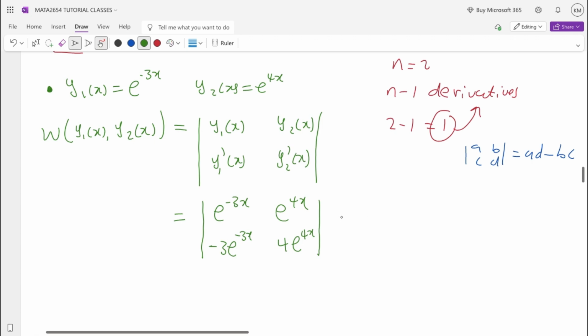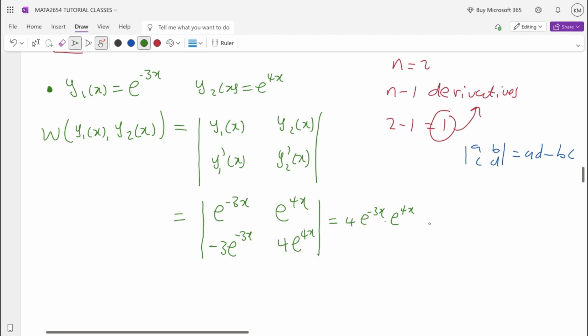Then how do we go about this? It implies that this is equal to, according to what I wrote there, just to remind people, 4 e to the minus 3x times e to the 4x. My a is this one, my d is that one.